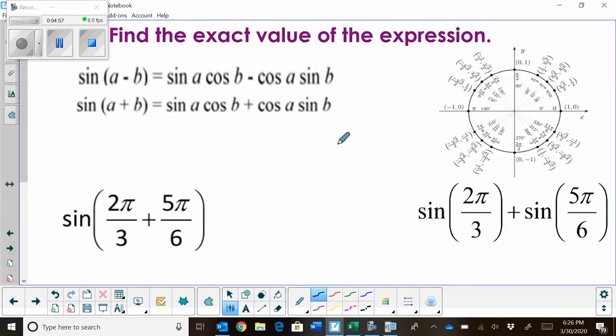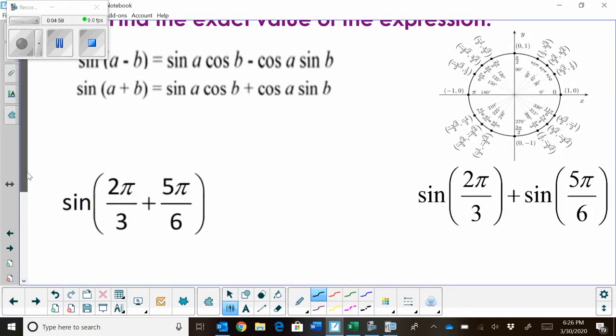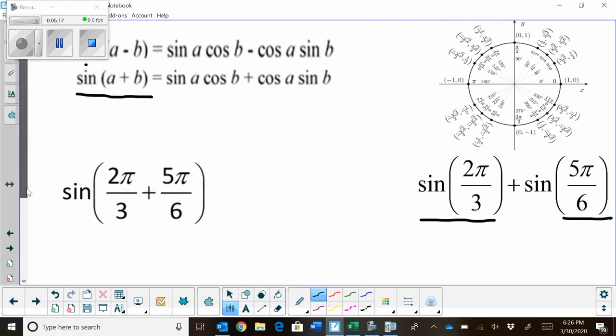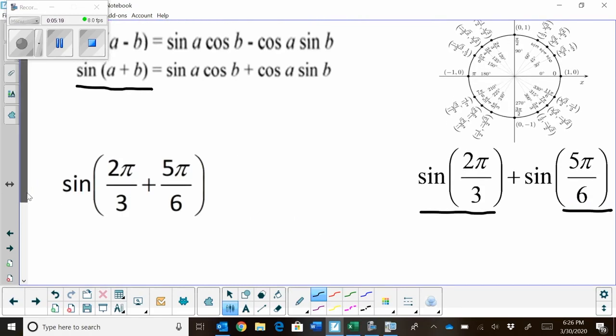And we can show you with an example. Here's sine of 2 pi thirds plus 5 pi sixths. We're going to evaluate it using the sum formula. Then we're going to look at the sine of 2 pi thirds and the sine of 5 pi sixths and see what that is, and compare them to see if it is indeed true or false.